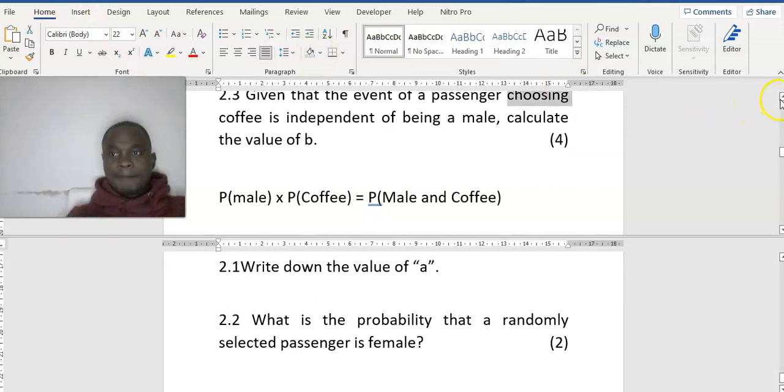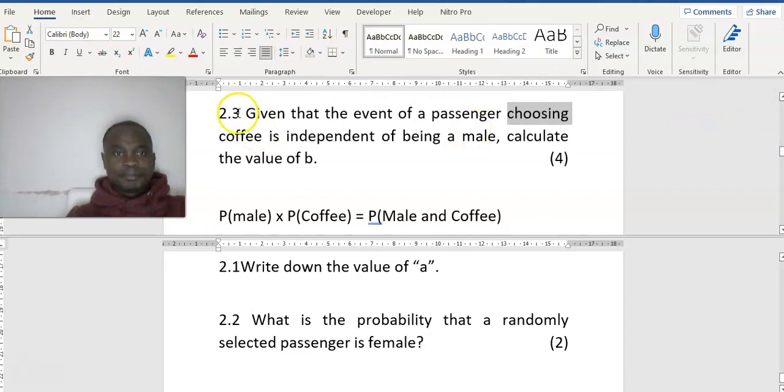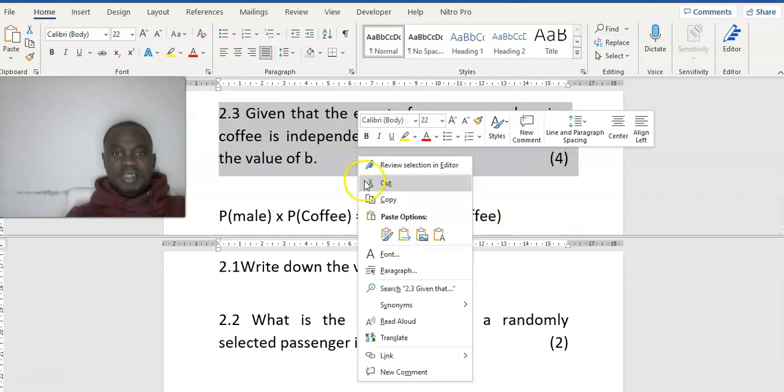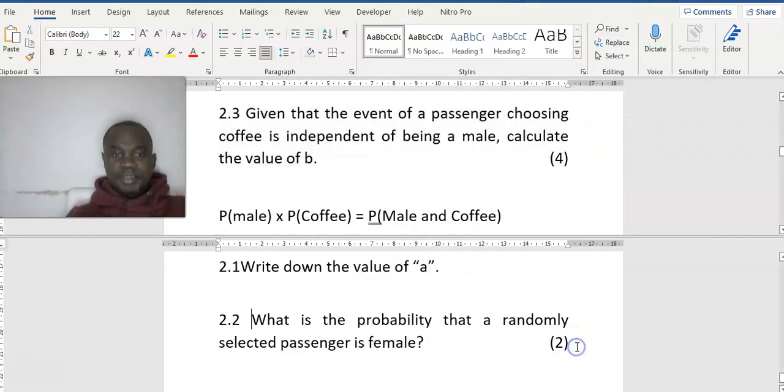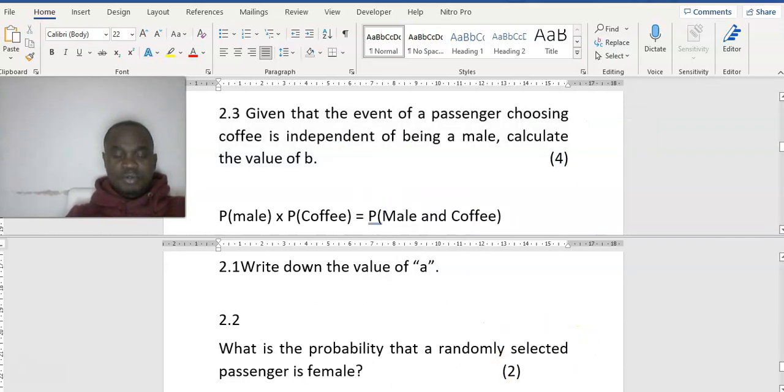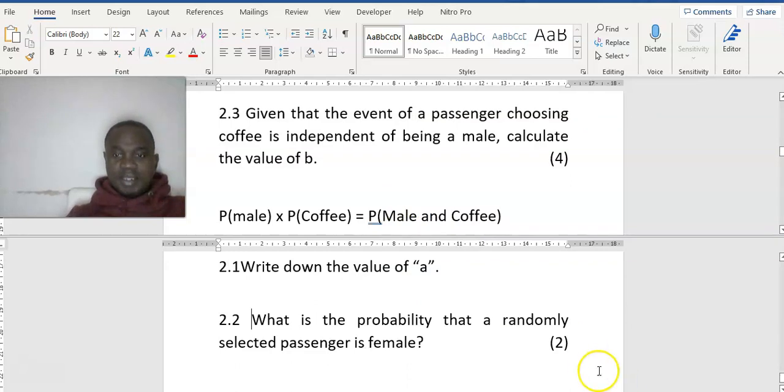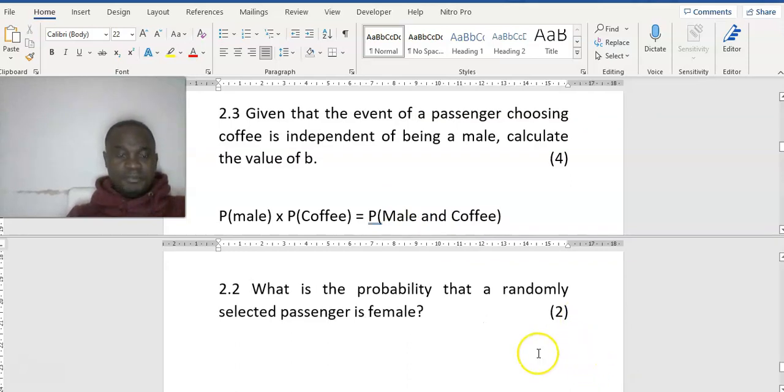Then this one, 2.3. Given the event that the person chosen coffee is independent, this time is not chosen coffee anymore. It's going to be different then.